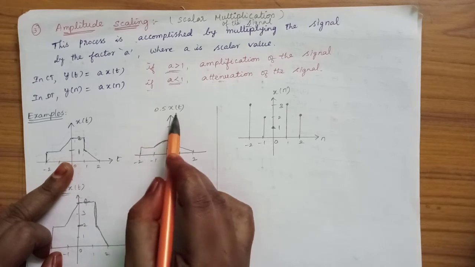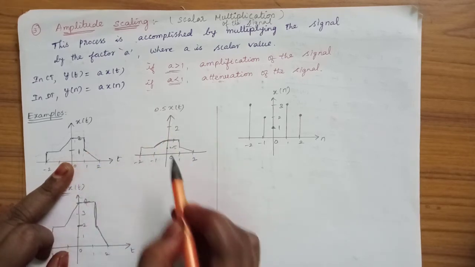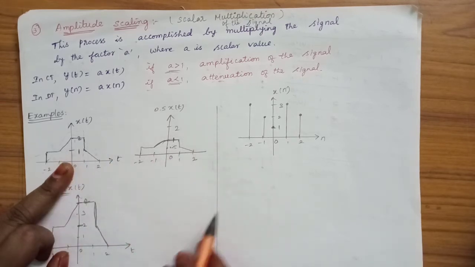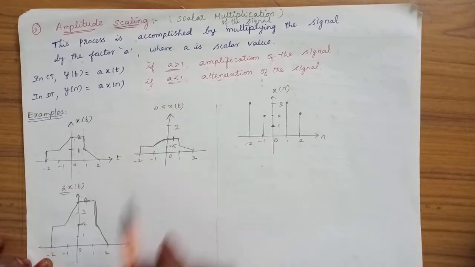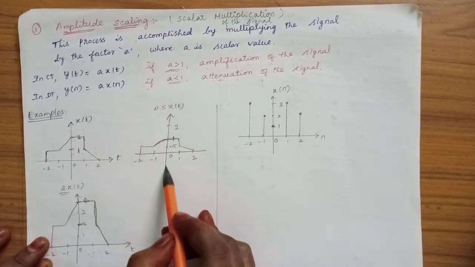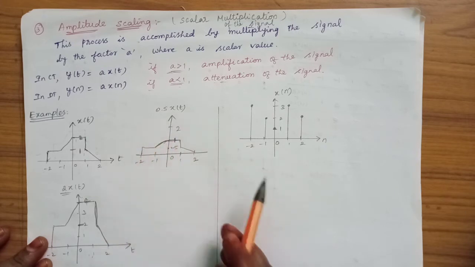In 0.5 into x of t, 1 into 0.5 is 0.5, 2 into 0.5 is 1. If you compare these two signals, if a is greater than 1, the signal gets amplified, and if a is less than 1, the signal gets attenuated, that is, its amplitude level gets reduced.